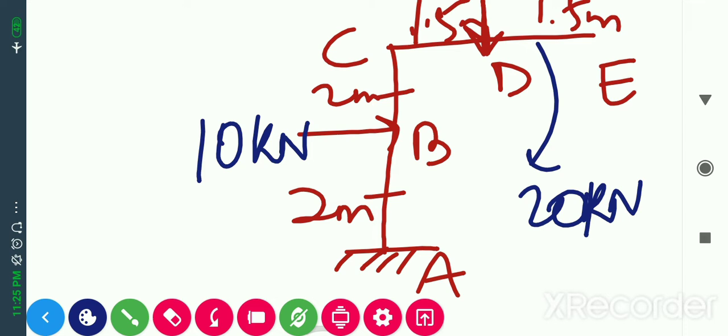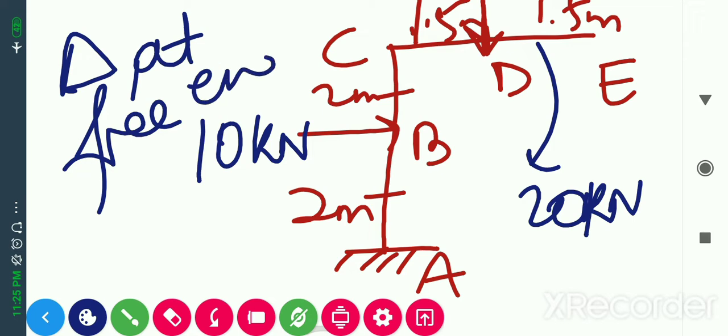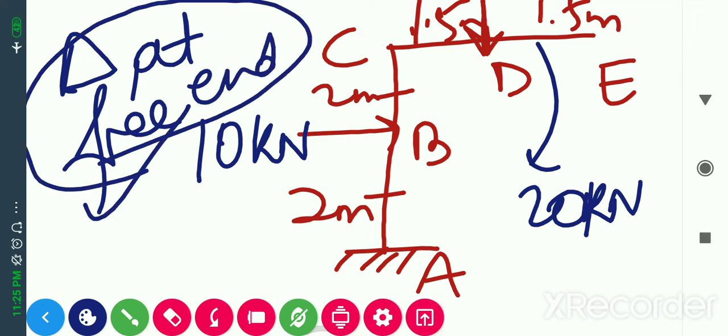So we have to find the deflection at the free end. What is the value of deflection at the free end? We know that if a load is acting on this frame like this, we will have deflection.